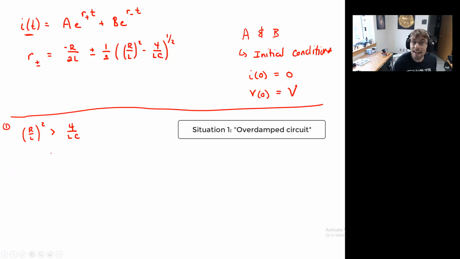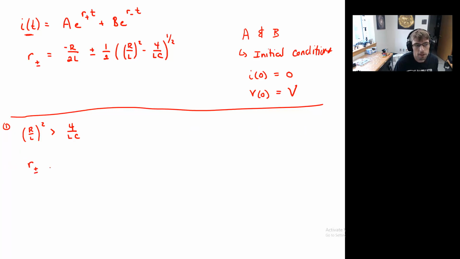And you notice in that situation that both r plus and minus end up being real. If (R over L) squared is greater than 4 over LC, then this term in the square root is greater than 0, and so r plus or minus end up being real.